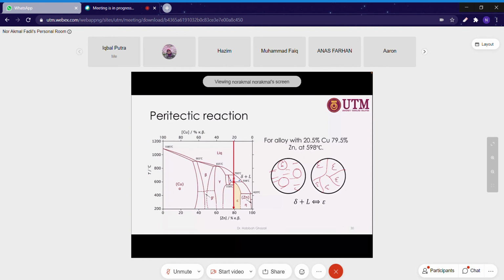So it happened because of the atoms arrangement, diffusion. Diffusion occurs at different temperatures. So it arranges themselves at this temperature. One of the elements diffuses faster to form a new phase, and during the arrangement, it will form different phases. Different phases is because of the different concentration of copper and zinc inside the phase.